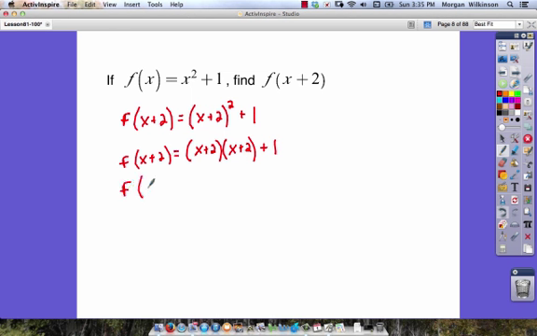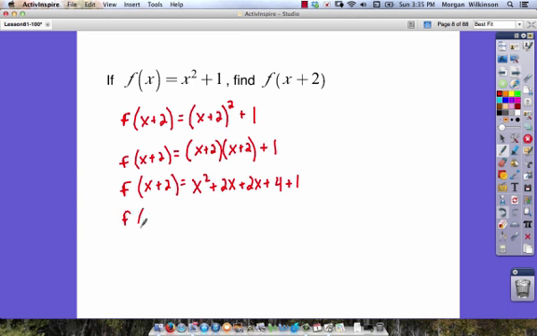F of x plus 2 is going to be equal to, well, using our FOIL method, the first x times x, that's x squared. The outer numbers, x times 2, that's going to be plus 2x. The inner numbers, it's going to be plus 2 more x's. Plus the last numbers, 2 times 2, that's 4. And then plus 1.